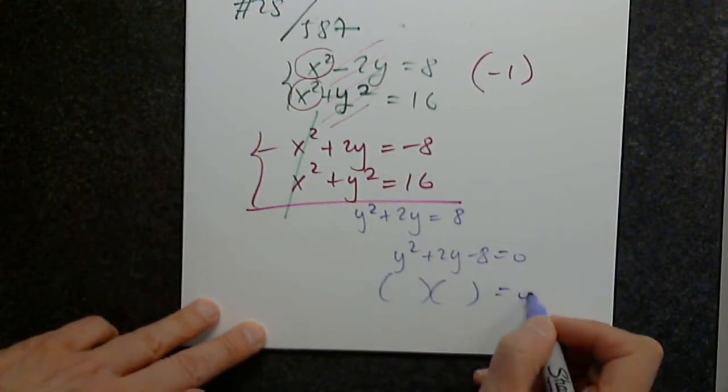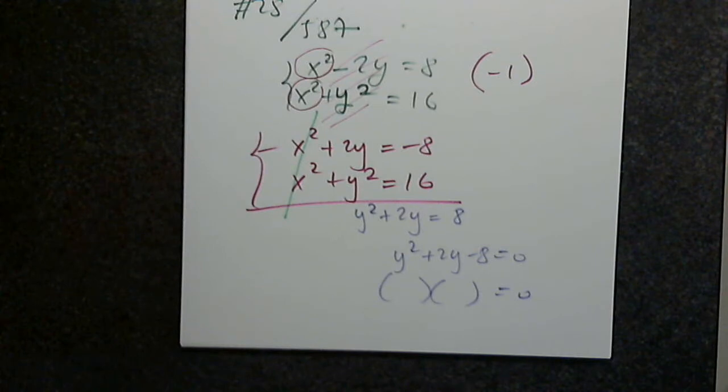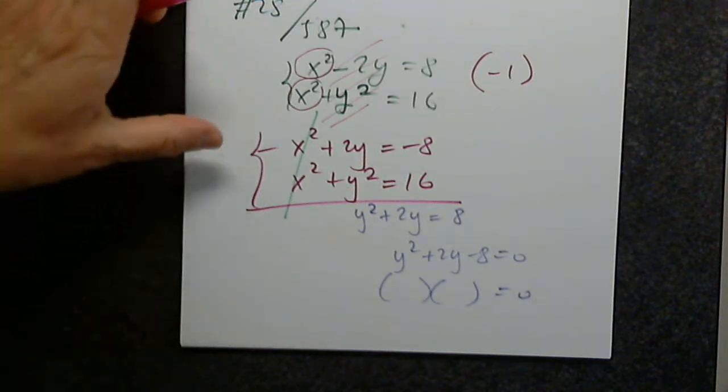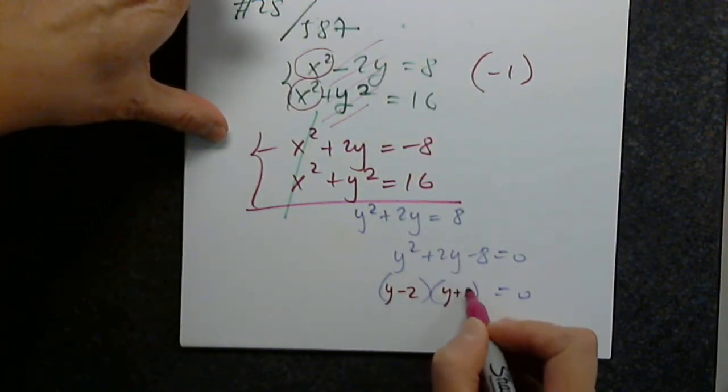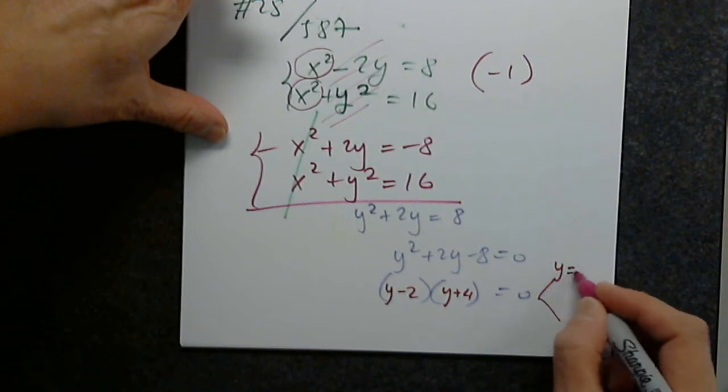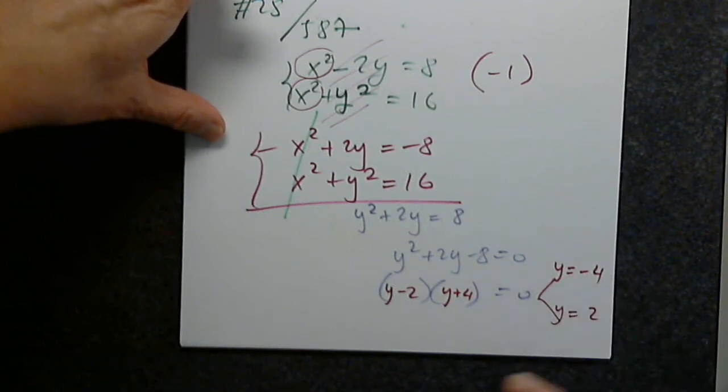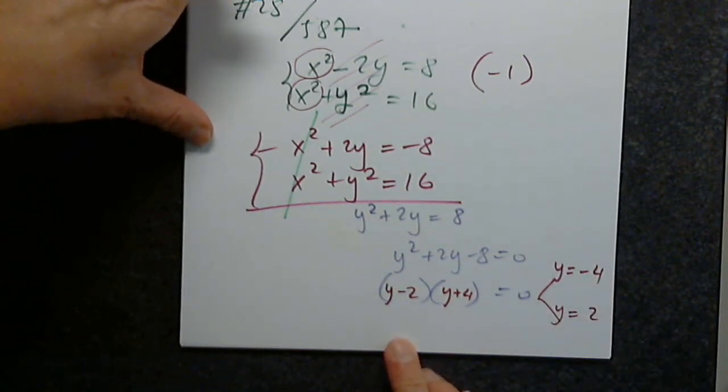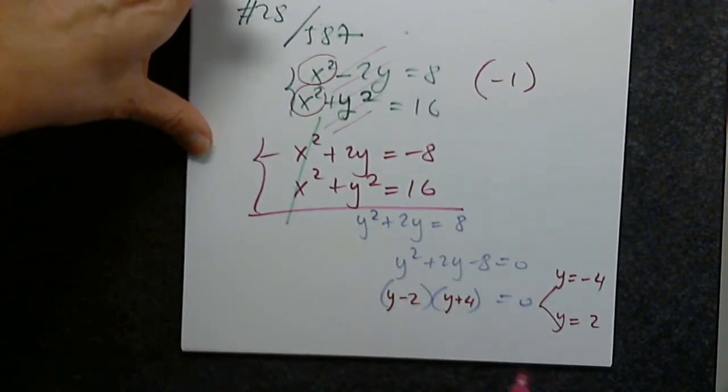And of course, I hope for something easy. So it is y minus 2 and y plus 4 indeed. So then y equals -4 and y equals 2. Perfect.